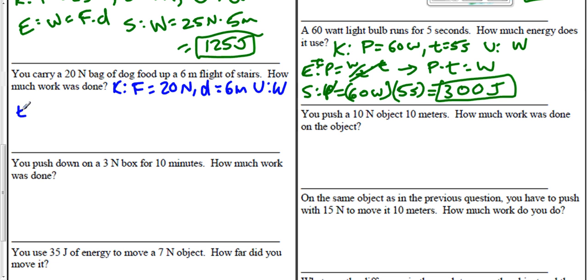So our equation is just going to be work equals force times distance. Our solution is going to be work equals 20 newtons times 6 meters, which is going to give us 120 joules.